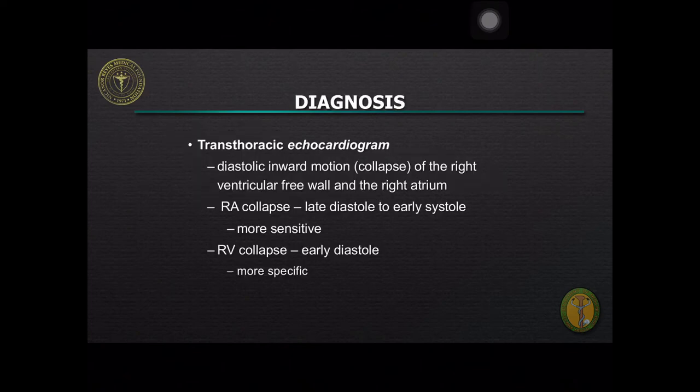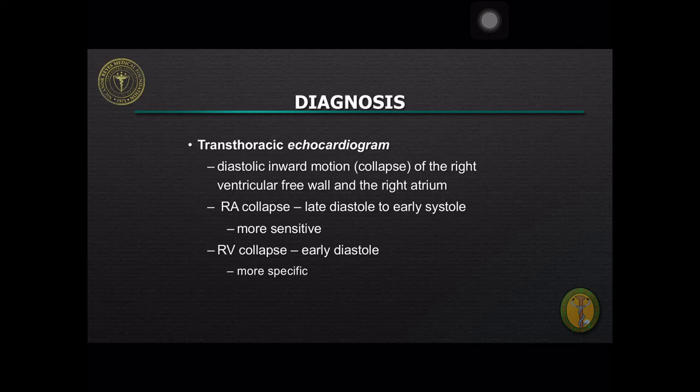Prompt diagnosis of cardiac tamponade is life-saving if immediate treatment is done. The diagnosis can be established by transthoracic echo, which will show diastolic collapse of the right atrium and the right ventricle.